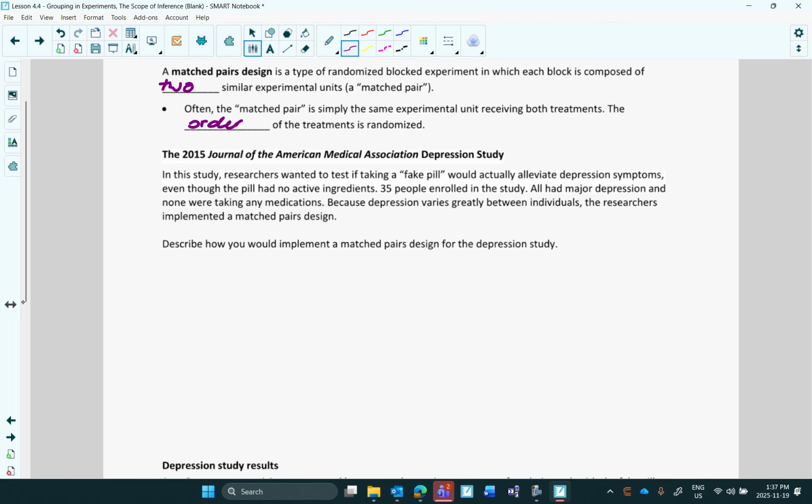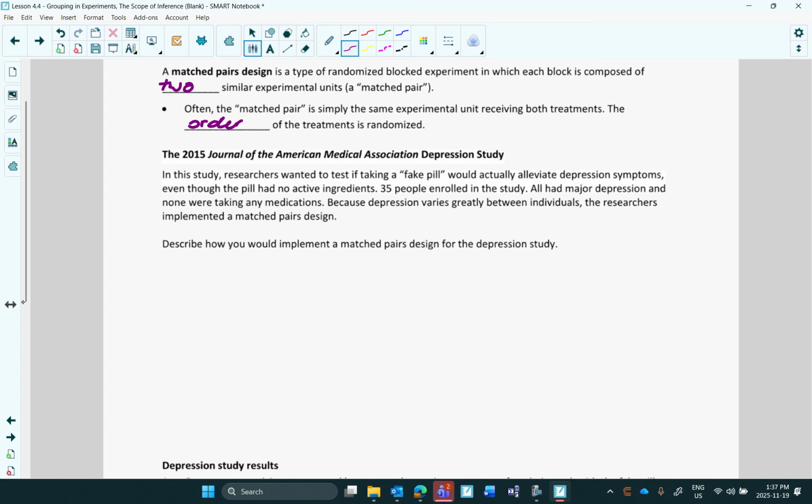Like the idea is to see if the fake pill, which apparently is advertised as alleviating depression, works. Nobody's taking a real pill. You're either taking a placebo or you're taking nothing at all. So you're right, say for a 2-week period for each person.